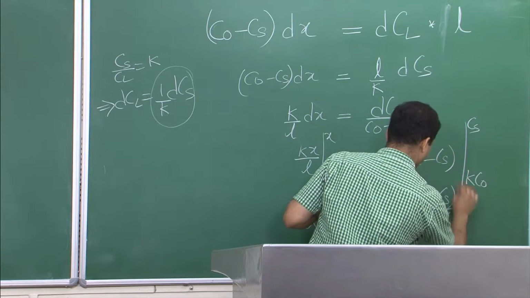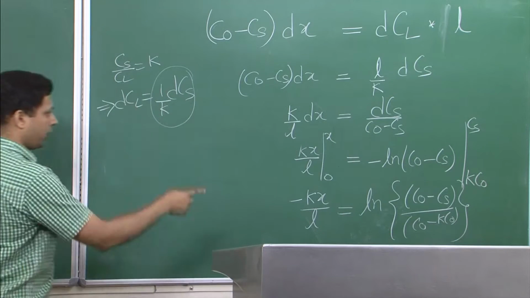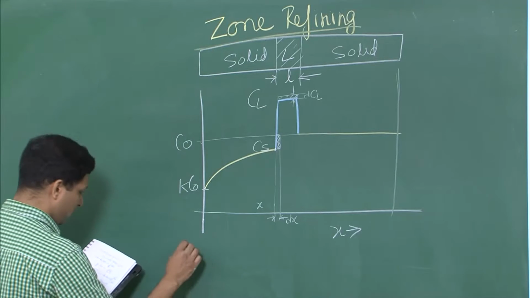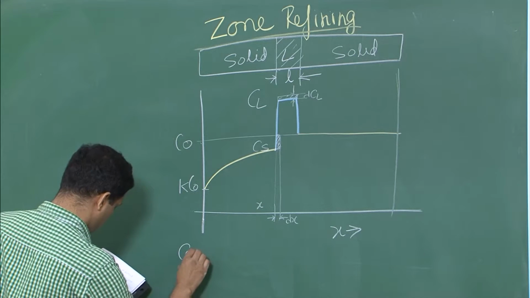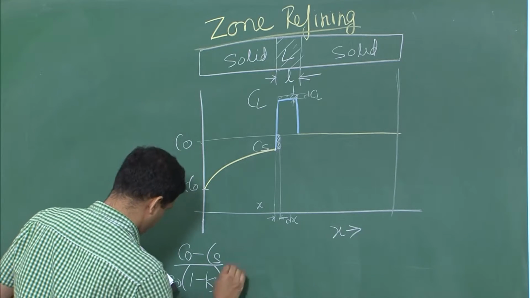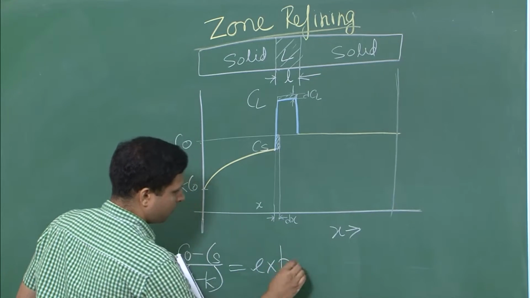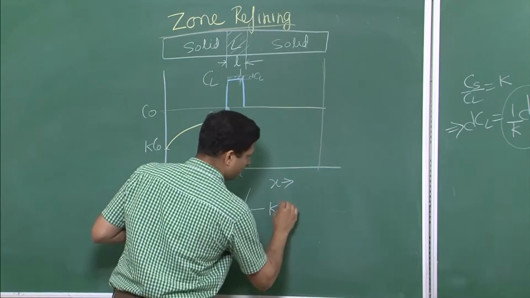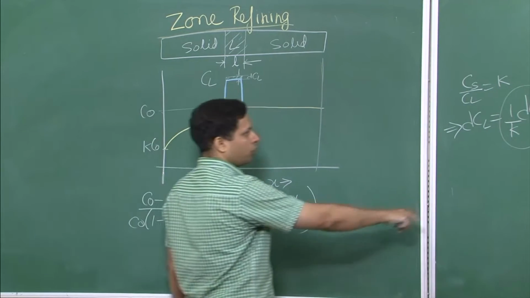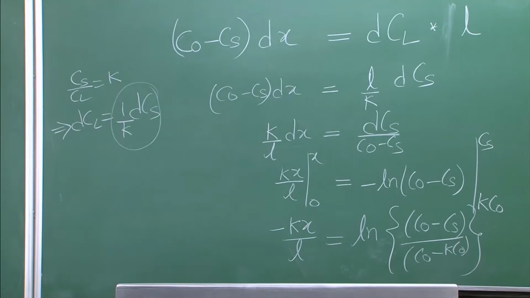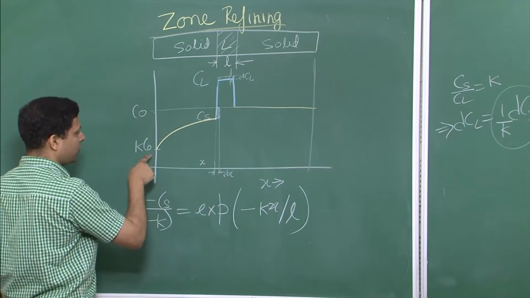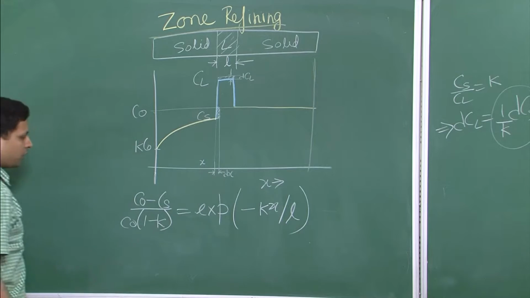I will write the final equation that we should get. Starting from this equation, if you solve it using the limits that distance goes from 0 to x, and concentration Cs goes from K C naught to Cs, this is the equation you will get.